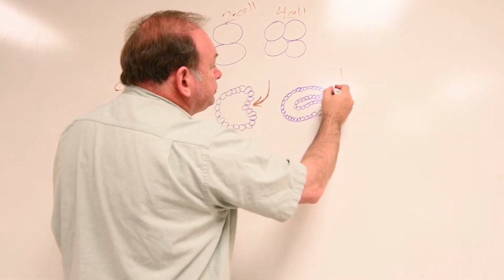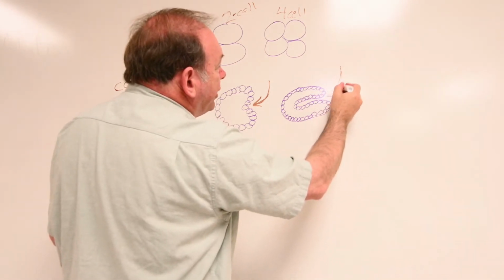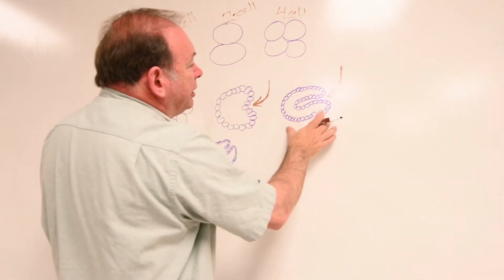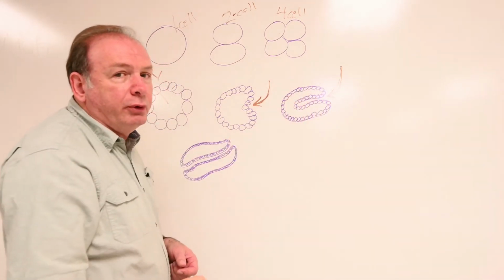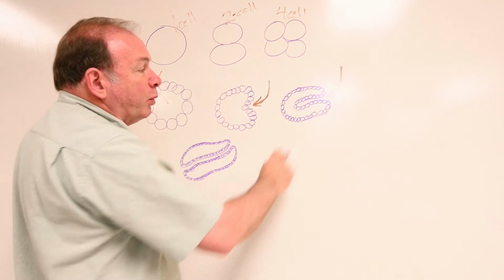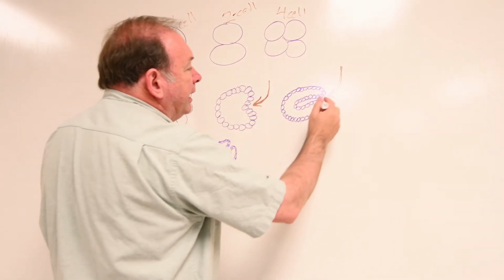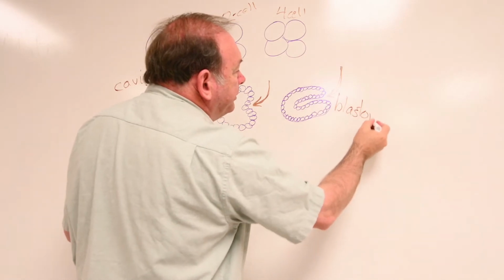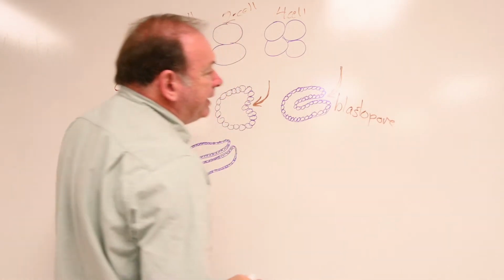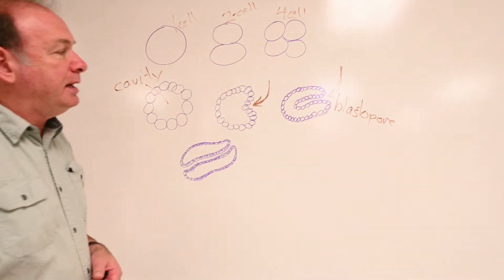Gastrula, gastric refers to stomach, so here's the beginning of the gut formation. So here's that opening later on as the animal continues to develop. That folding in continues to move through the organism from one end toward the other. And this opening right here is referred to as a blastopore. Blastopore opening at that end.